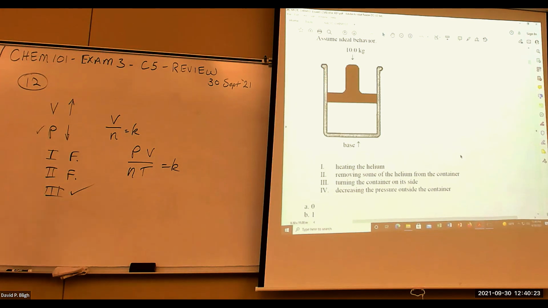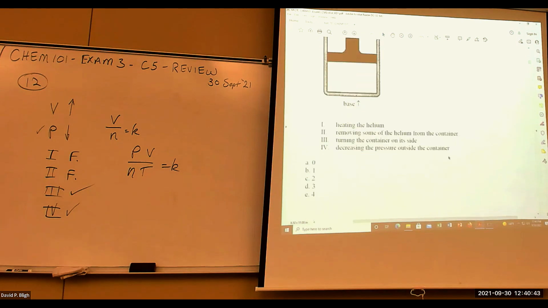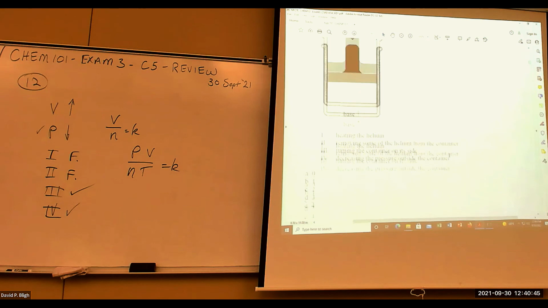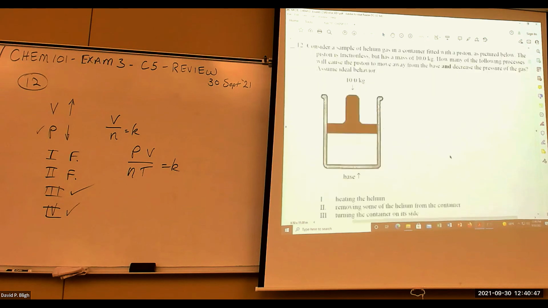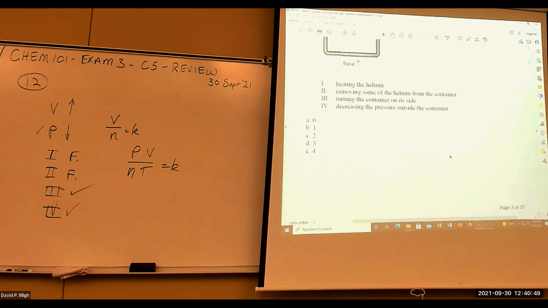So if we do that, we have decreased the pressure and the volume is going to increase. So 4 also satisfies the conditions. All right, so the answer for that one is C, which means 2 of them are correct. That's it, you got C.